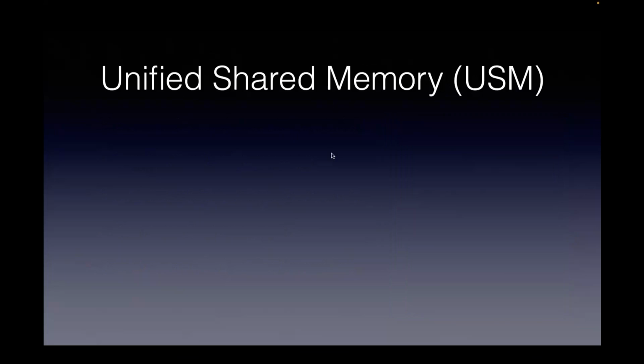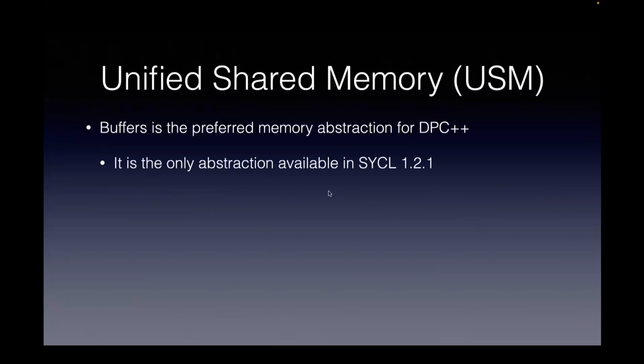I will continue. So let's talk a little bit about the second topic that I wanted to cover in the land of DPC++, which is called Unified Shared Memory, or USM. The concept of buffers that we just spoke about is the preferred abstraction for memory in DPC++.